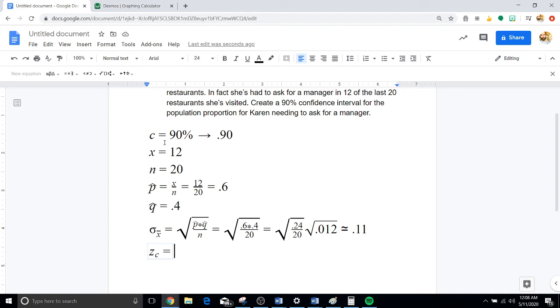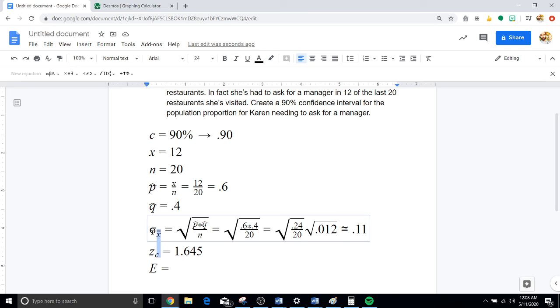And if we look up what 90% means, we will say that 90% is 1.645. We've already covered how to find Z confidence earlier. Last thing is we need to find our E, which is our standard error. No, it isn't. It is our margin of error. And our margin of error is going to be equal to our standard error times our Z confidence.